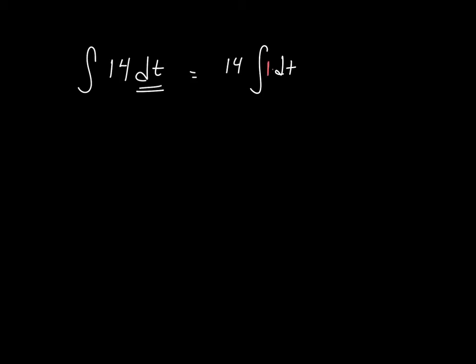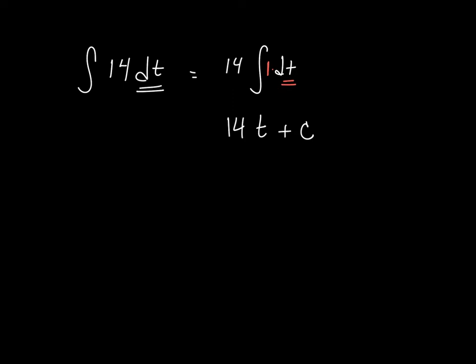If we think about it, what function would you have that, when you take the derivative of it, would equal 1? That would be whatever that original variable is. So this is just 14t plus my constant. The variable we're looking at is always indicated by that dt.